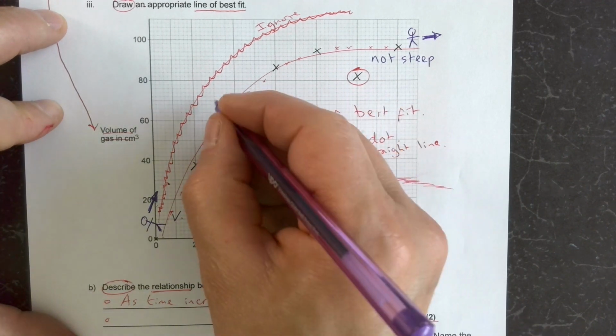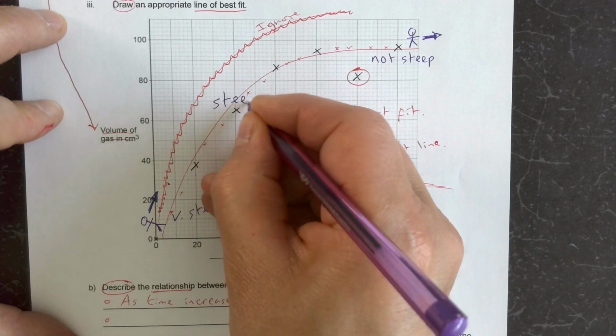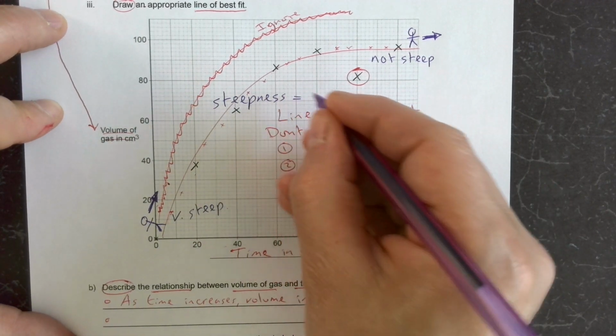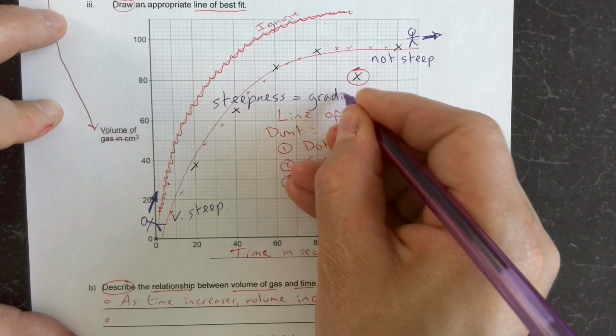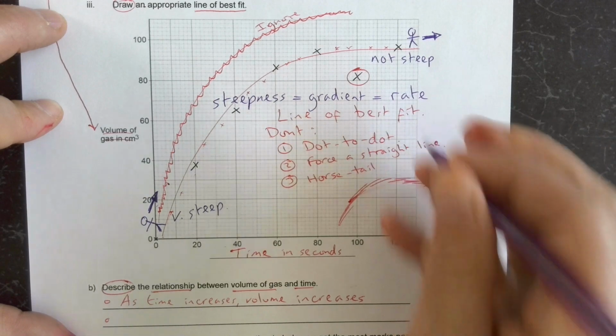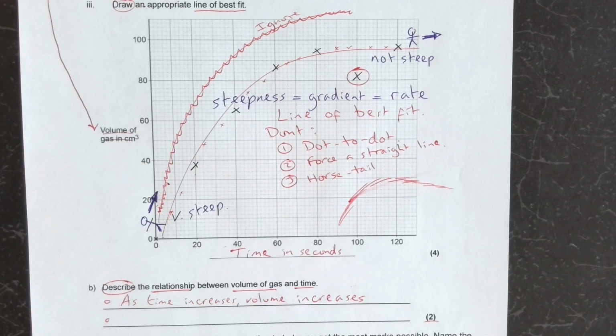Now, in my mind, I think steepness. If you have done this in maths, you might call it gradient, but in science we also call it rate. So that word rate.